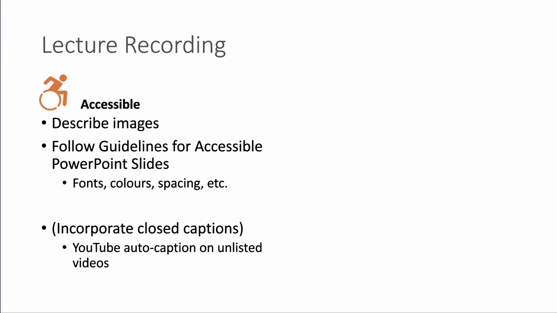You have the option of unlisting those videos so that they're not searchable on the YouTube platform, but YouTube offers a really great auto captioning service that saves you the time of having to explore other avenues of closed captioning your videos. Often those options are lengthy and time consuming, so YouTube is a great time saver there.